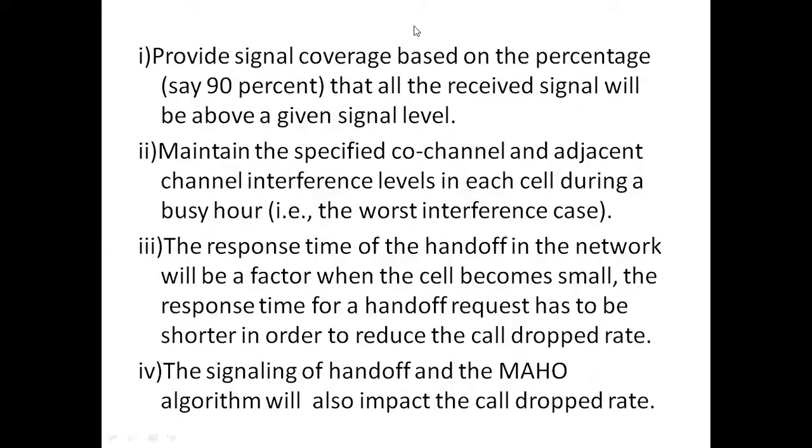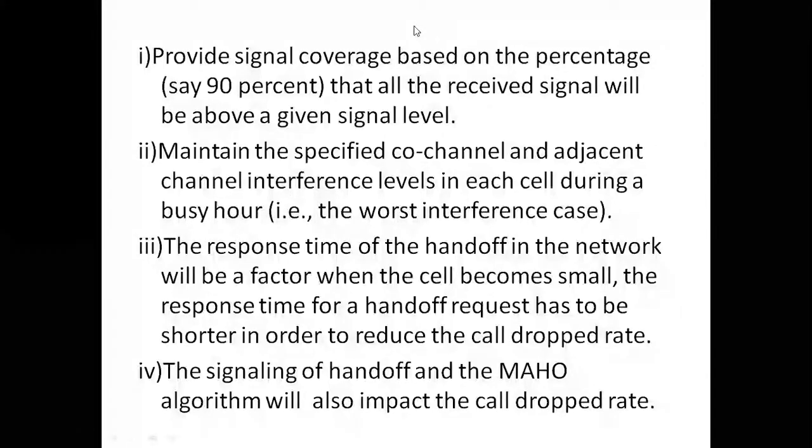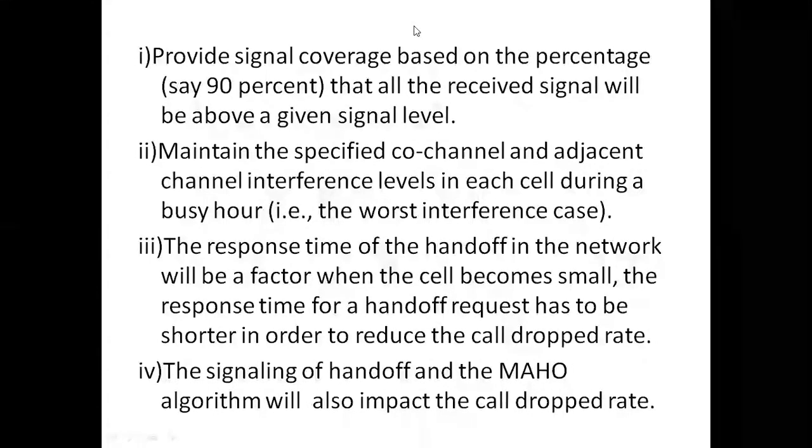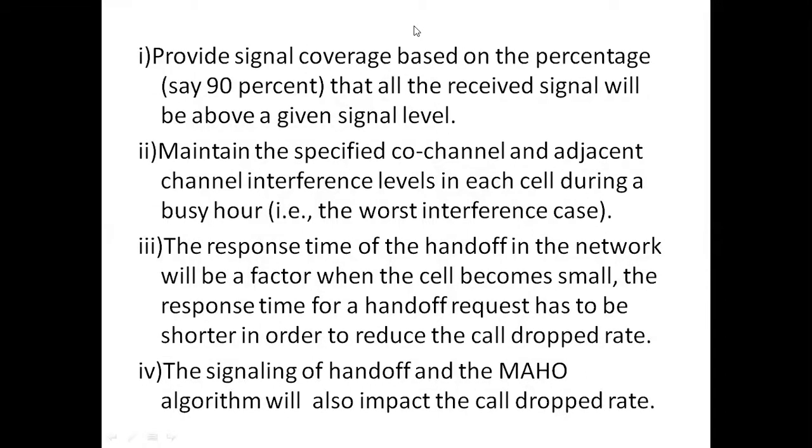If you take some flat terrain, we can provide the communication up to 90% of the area. And this is the case of flat terrain. In case of hilly terrain, that may be in the 70 to 75% range. Okay. So that is the percentage of coverage we can allocate to that particular area. So here let us consider there is some flat terrain and we are providing the signal coverage up to 90%.